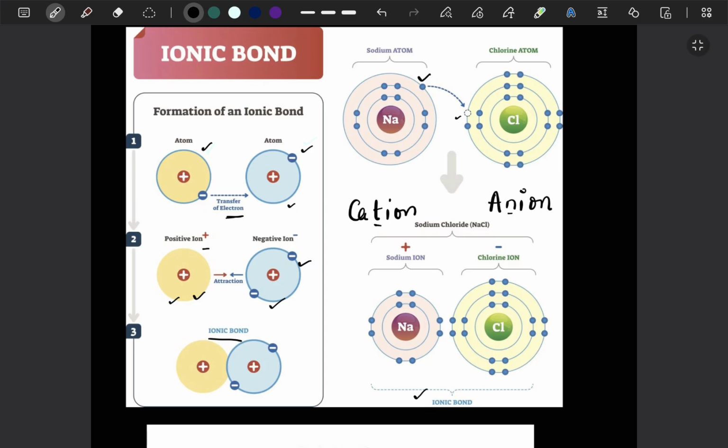It can be positive or negative because it has taken or given an electron to some other atom also, and it became positive. Maybe chlorine has taken the electron from some other atom and it became negative, like that. So any two ions of opposite charge can form an ionic bond. They do not need to have acquired the charge by electron transfer with each other. Got it? The ions do not need to have acquired the charge by electron transfer with each other.